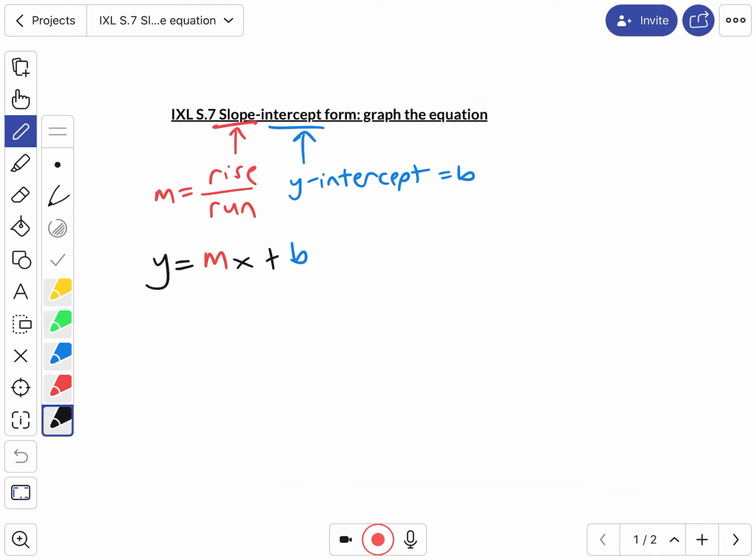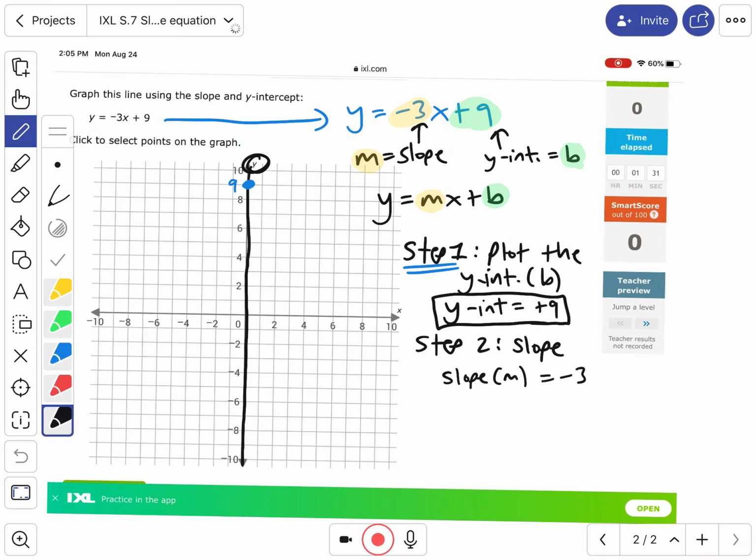But over here, we said the slope is the rise, which is up and down, over the run, which is left and right. So slopes are usually fractions, but in this case the slope is just negative 3. So how do we make it a fraction? Well, we could add a 1 under it.